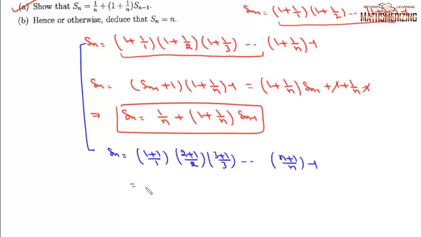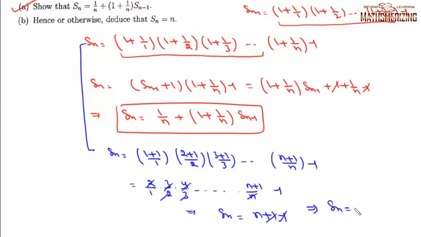Now this is 1, 2, 2, 3, 3, 4, and it goes all the way up to n plus 1, minus 1. Now this 2 will cancel, 3 will cancel, all these terms will cancel. We'll get this Sn as n plus 1 minus 1. This 1 and 1 will cancel. So we can write Sn is equal to n, which is what we need to prove in this second part.